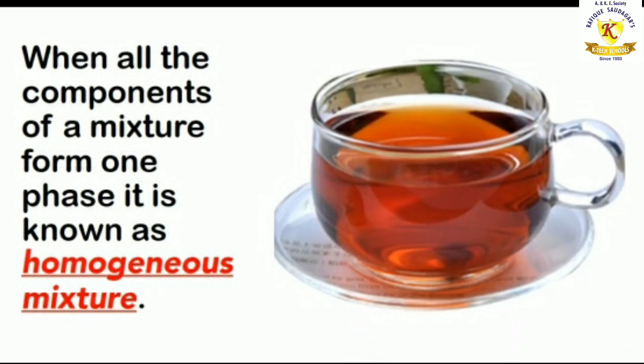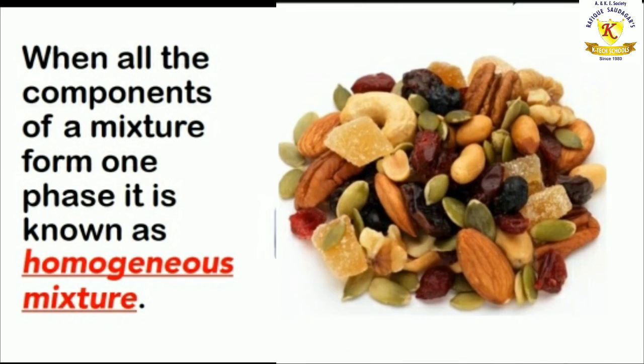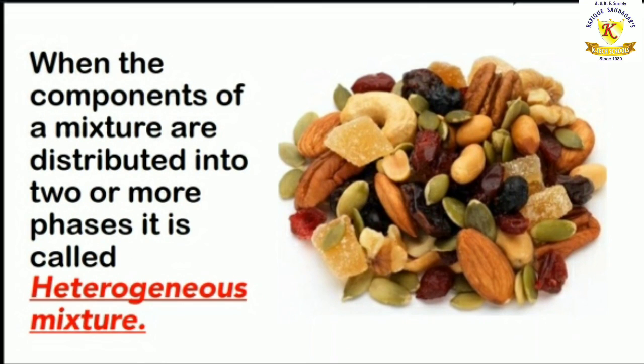When all the components of a mixture form one phase, it is known as a homogeneous mixture. When the components of a mixture are distributed into two or more phases, it is called a heterogeneous mixture.